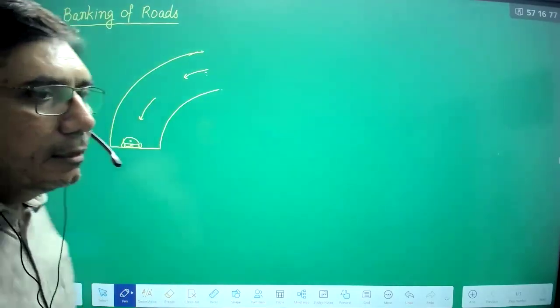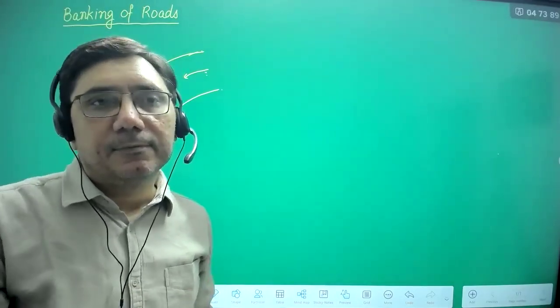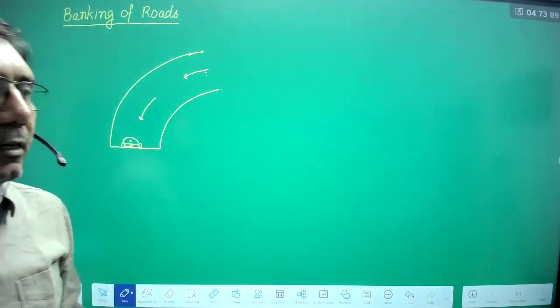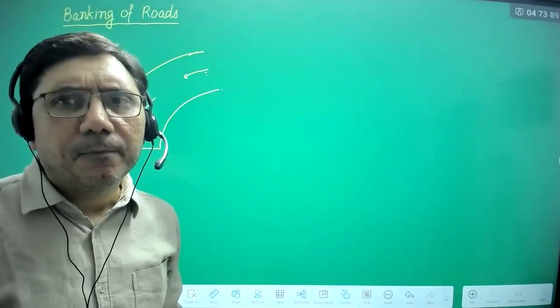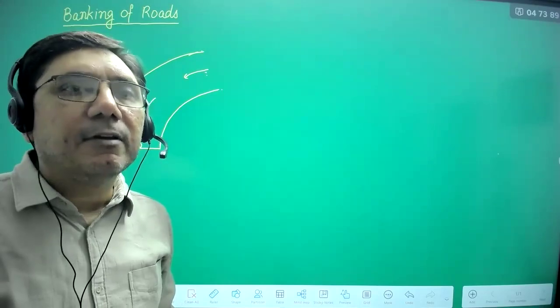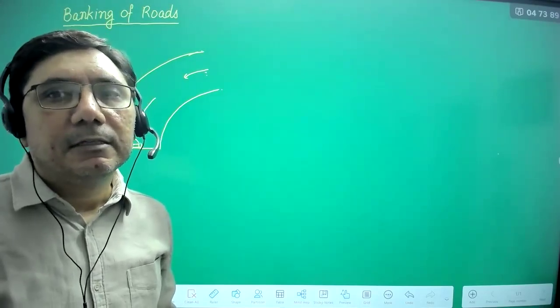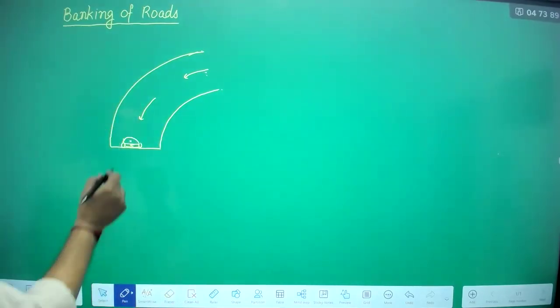If a car is moving on a circular track or curved track, meaning a road, then it will require a source of centripetal force. What that source will be, try to understand here.